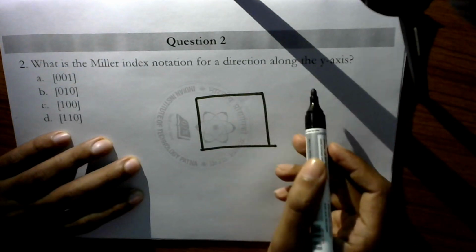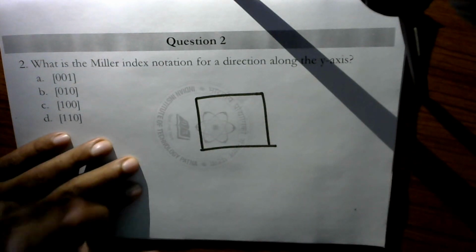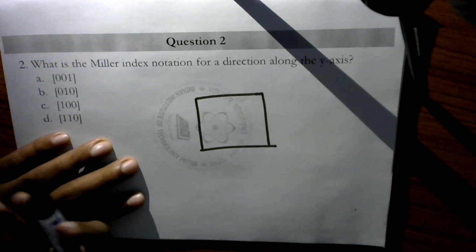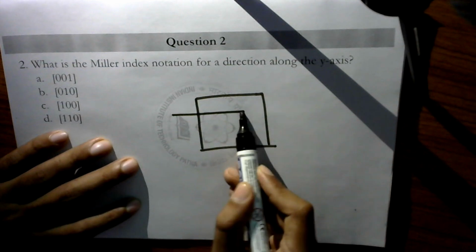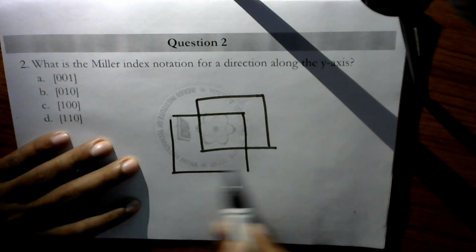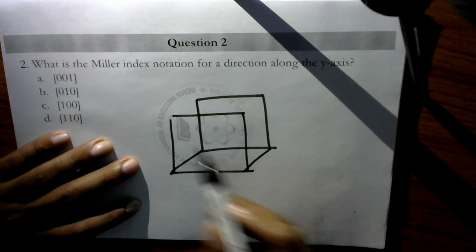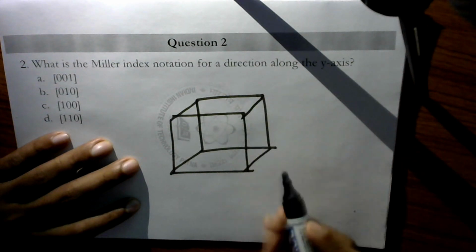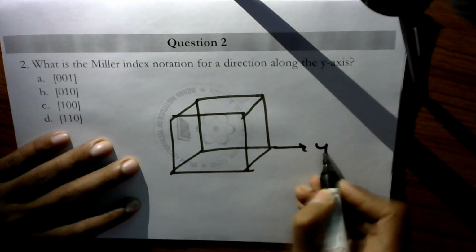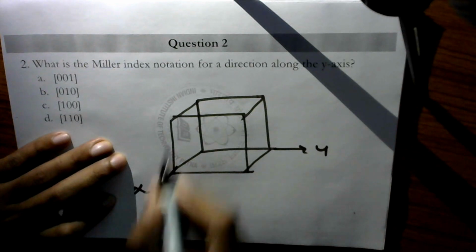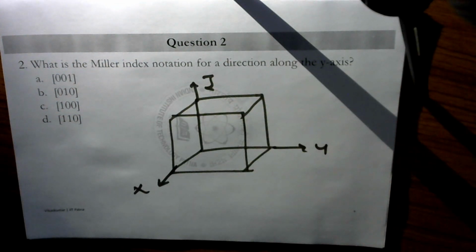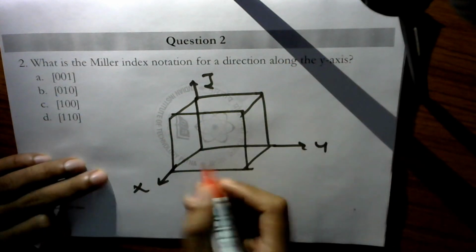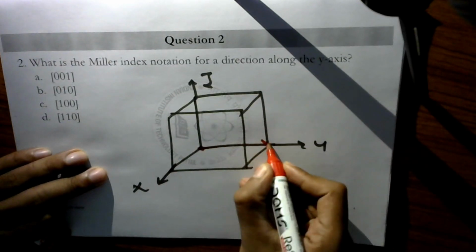Since it doesn't specify anything, I can make a cube, a tetrahedron, a triclinic, orthorhombic, anything. So this is y, x, and let's say this is the z-axis. Our direction is along the y-axis, so let us say this is the direction which we are talking about.